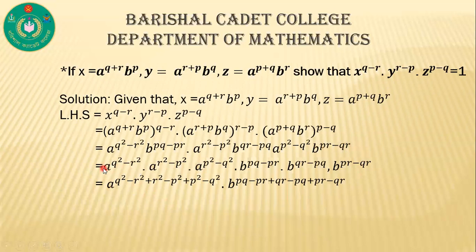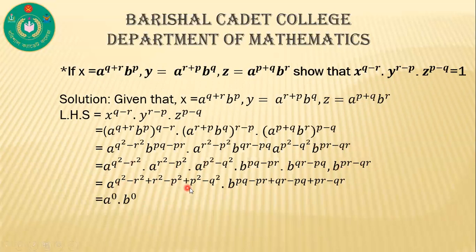Now we can write a to the power q square minus r square plus r square minus p square plus p square minus q square, and b. Here this same base we can write b to the power pq minus pr plus qr minus pq plus pr minus qr.